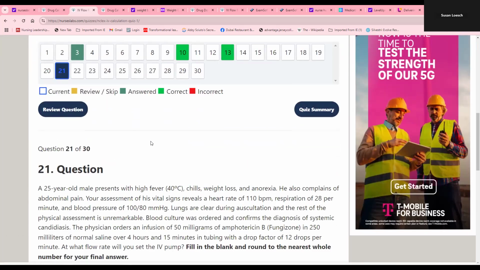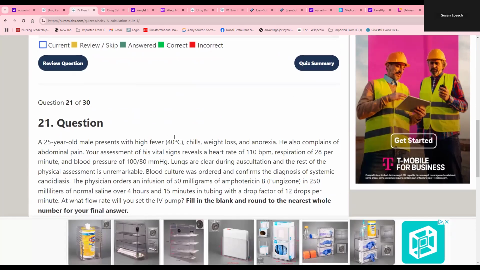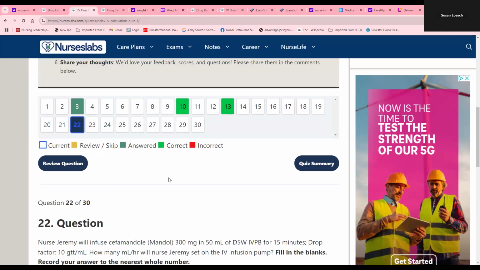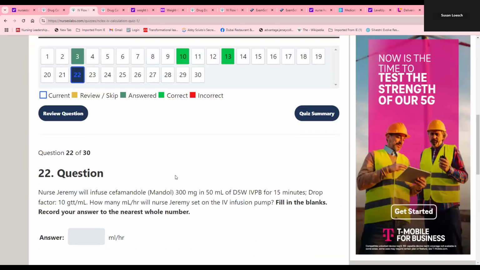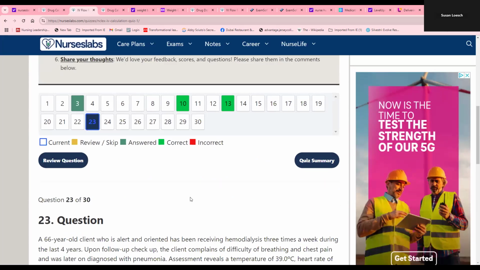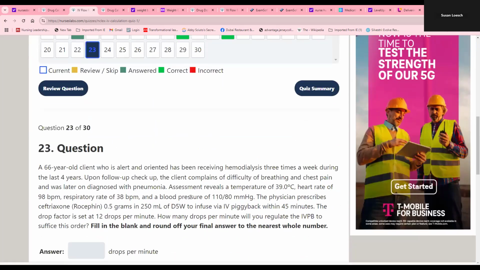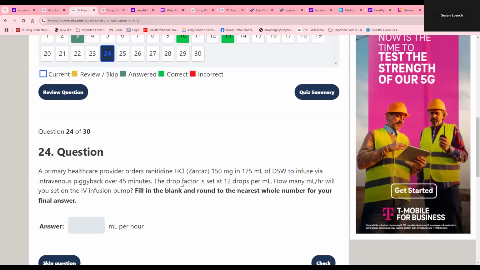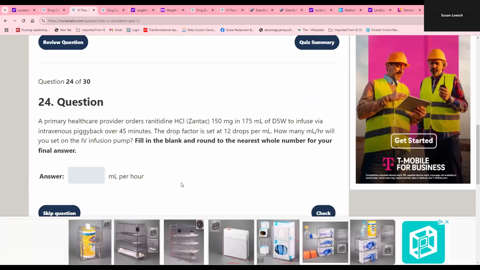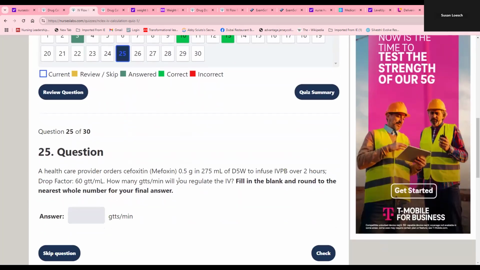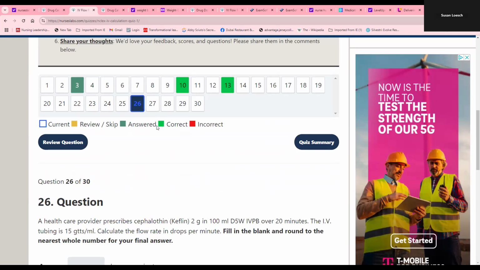I don't see any more time ones here. It looks like the rest of these are just drops per minute.